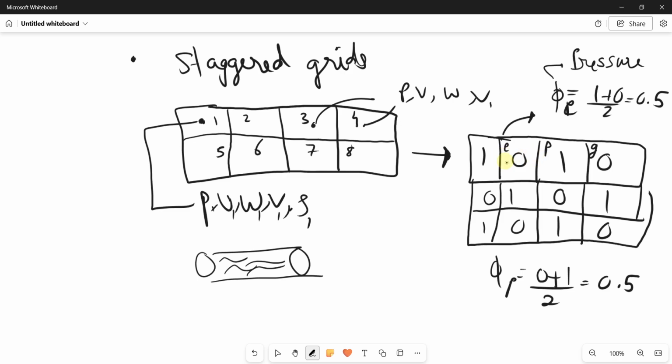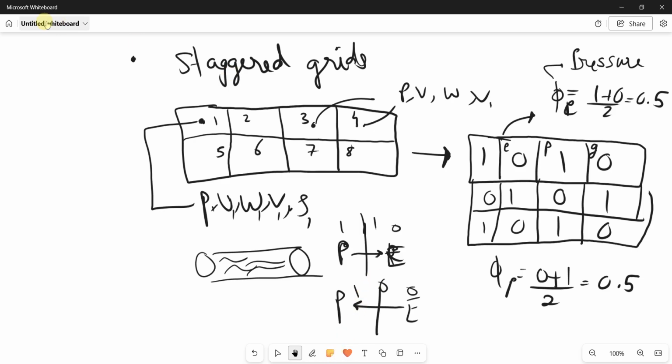That is 0, because the flow is now from the other side. When you go from point P to point E, you have 1 as the pressure at the face, because it was 1 here and 0 here. Now the flow is this side, so in the upwind concept it goes the opposite way, from E to P. It was 0 here and 1 here, so now the pressure at the face is 0.